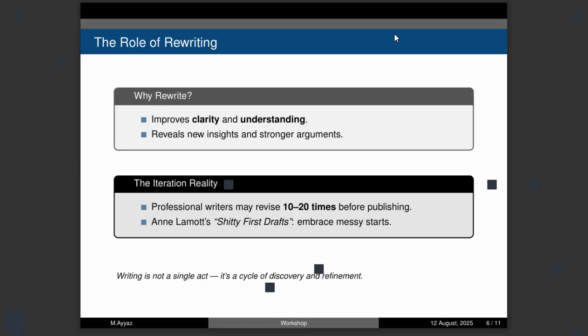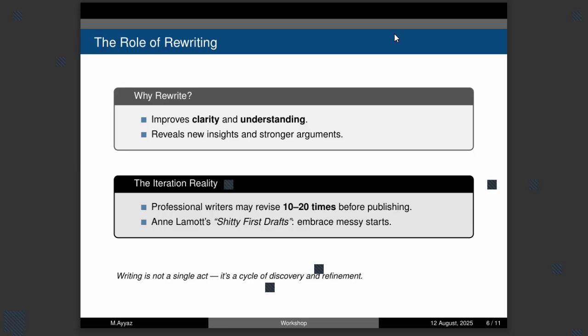Then we read it later, and we understand what mistakes we have made. And in the process of rewriting, we can clarify these mistakes and make some corrections.